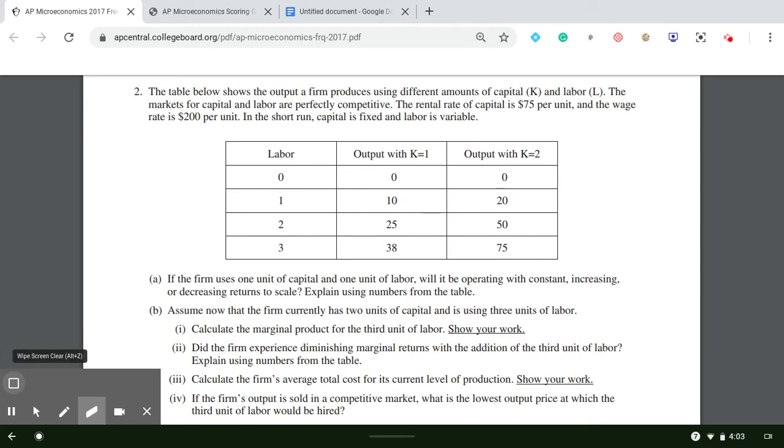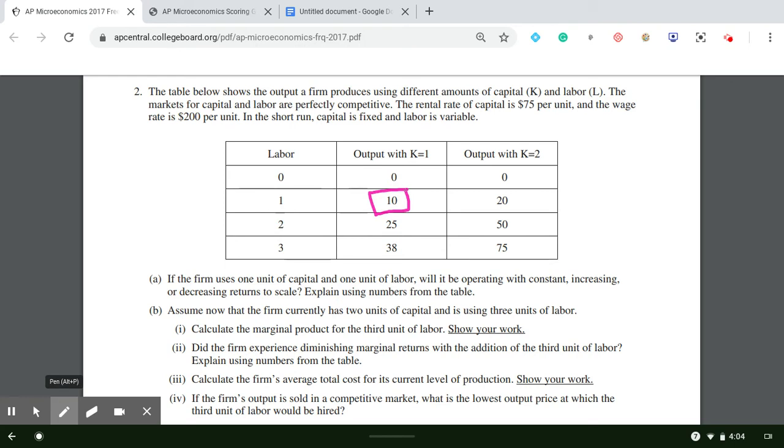Not a great table, but we're going to live with it. All right. So, question 1. If the firm uses 1 unit of capital and 1 unit of labor, so we're right here, will it be operating with constant, increasing, or decreasing returns to scale? Explain using numbers from the table.